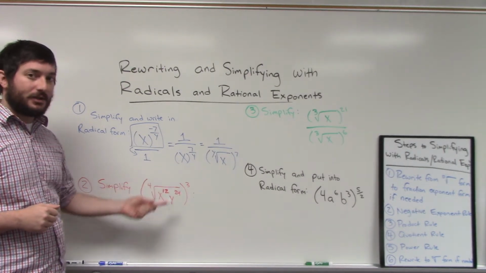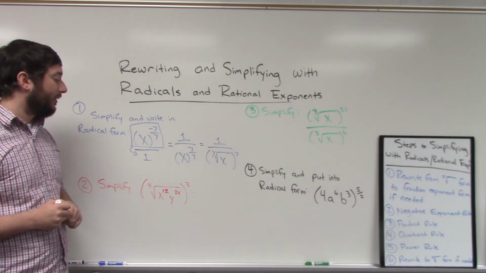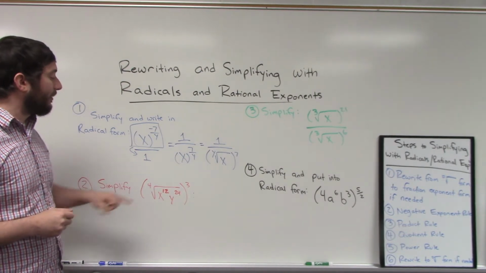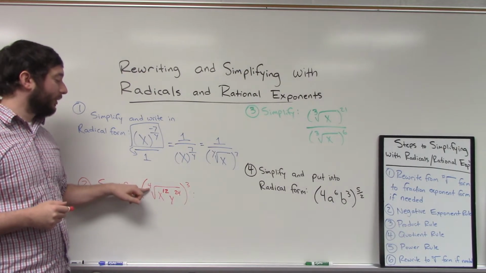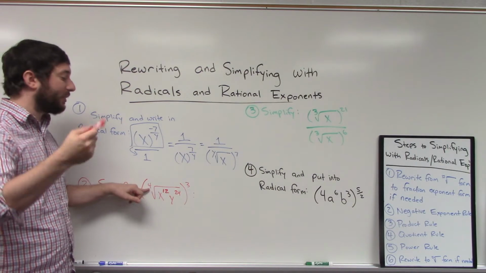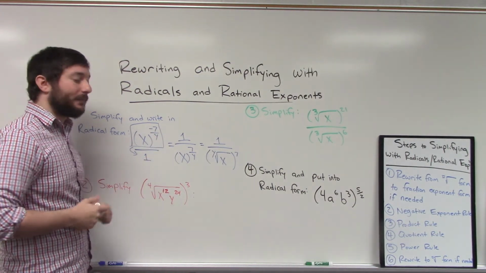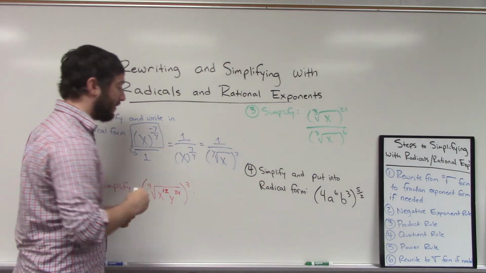The first thing that I'm going to do is to change the inside of this parentheses from radical form to rational exponent. How do I do that? Well, I look at my root, and remember, the rule is that the root is like a tree root. It goes on the bottom of an exponent fraction, and opposite of the power rule, which we are going to see later in this example, it's sort of like distribution by division. Here's what I mean.